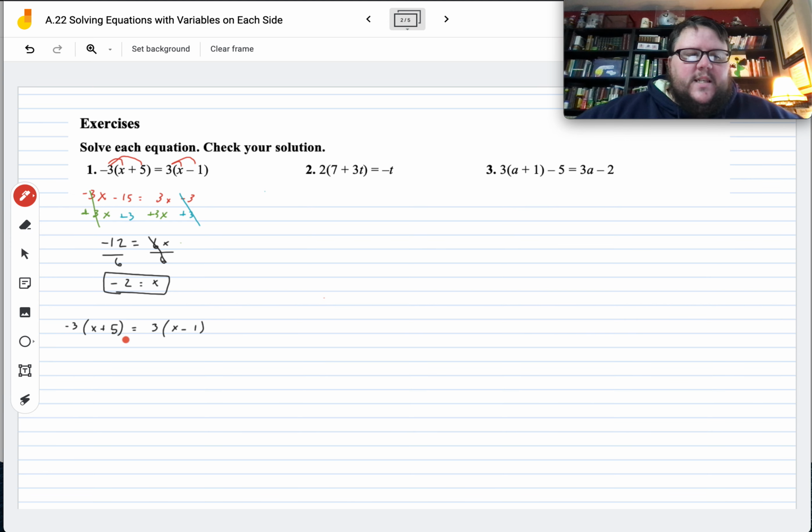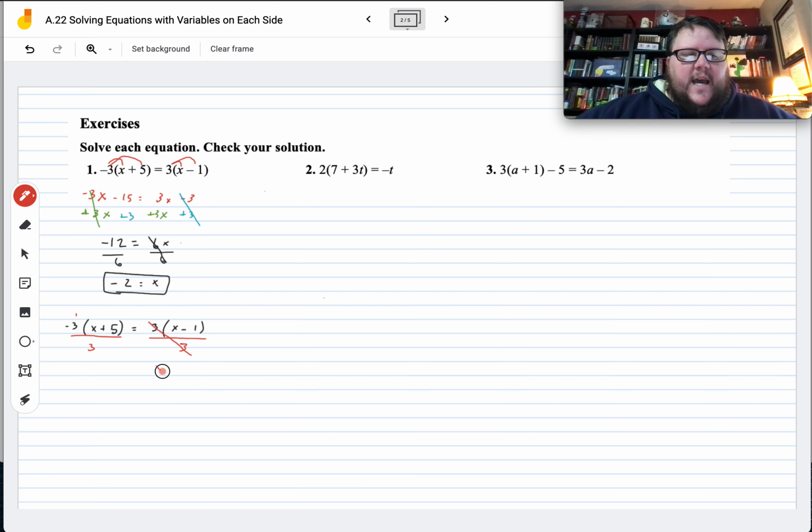So if I don't want to distribute this 3, I can just go ahead and divide by 3. And since both of our terms, that's a 3 and that's a 3, I know that's a negative 3, so we're going to have to remember about the negative. But we'll deal with that. I can divide both sides by 3, and this side, it cancels out completely.